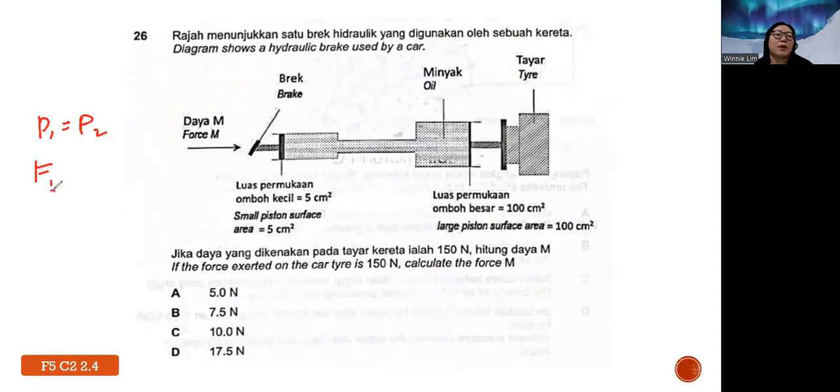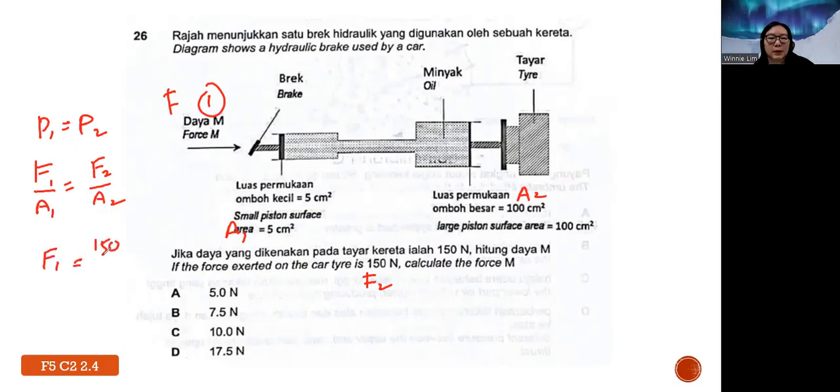Therefore, F1 over A1 equals F2 over A2. I assume M is 1, and 2 is for this bigger piston, so this will be A2. This is A1 or F1, and they give you F2. So I want to find F1.